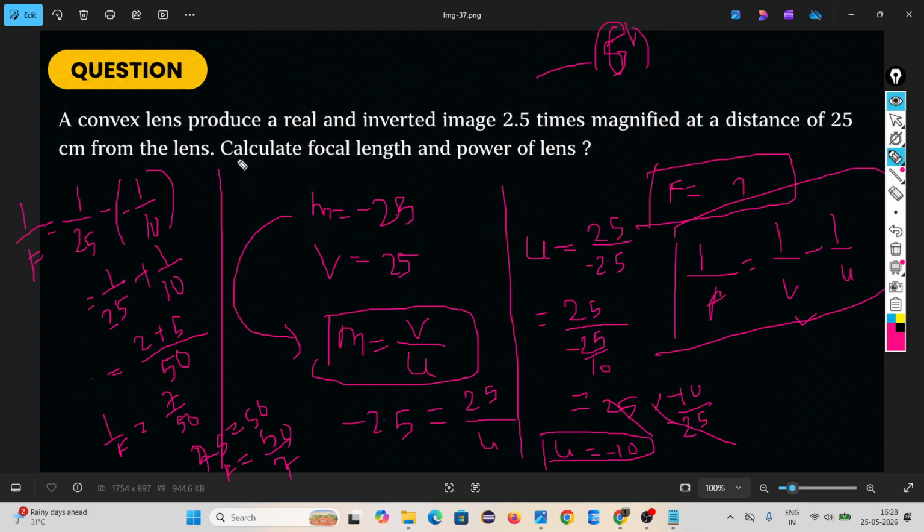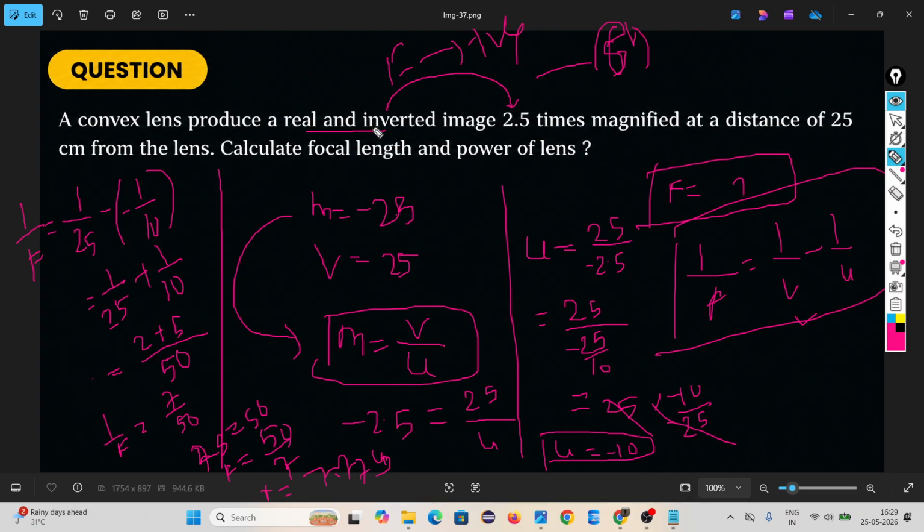If you remember, in a convex lens f should be positive. Here f equal to 7.14 centimeter. You understand or not? Look, from real and inverted, I know the m value, 2.5, which is minus.